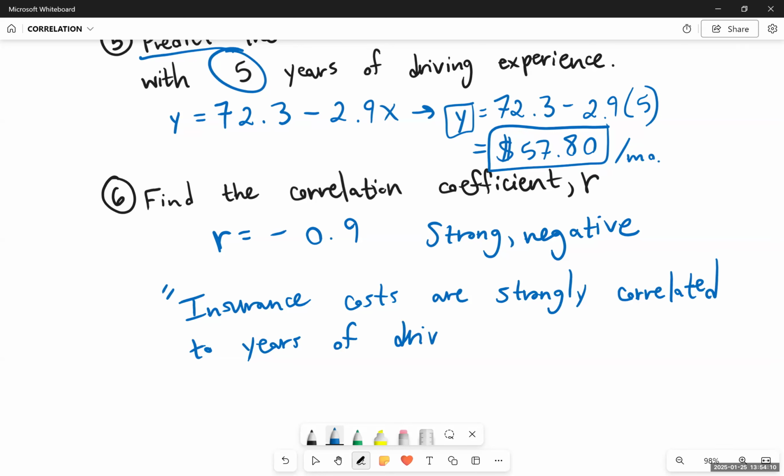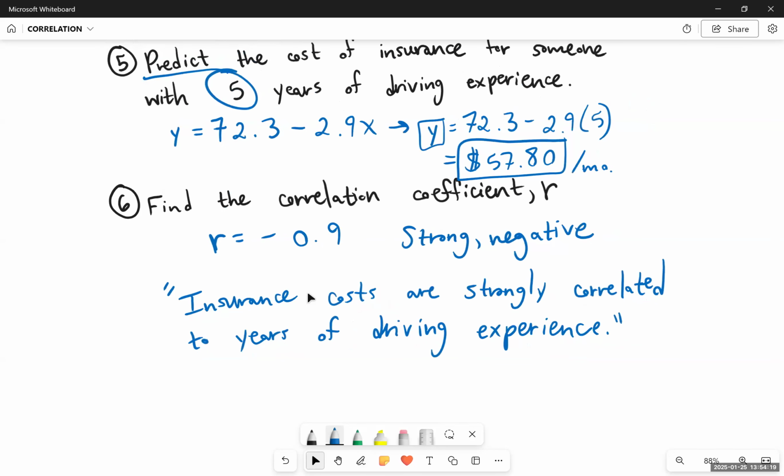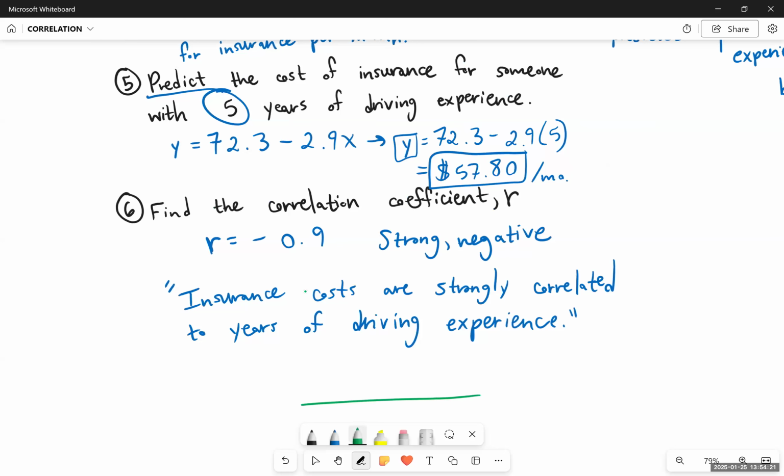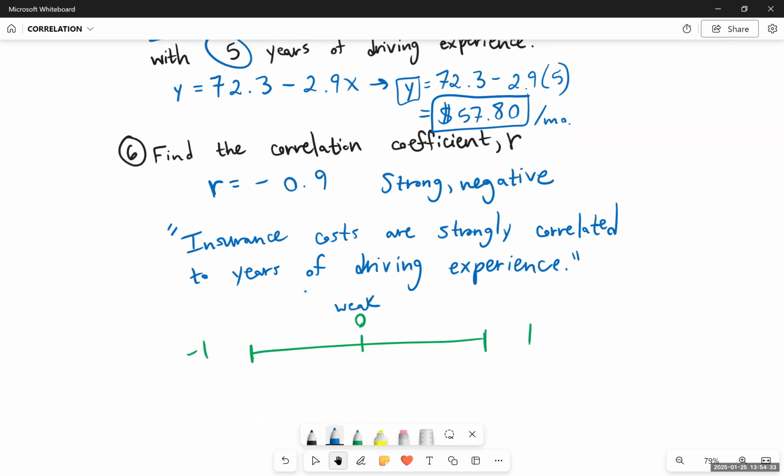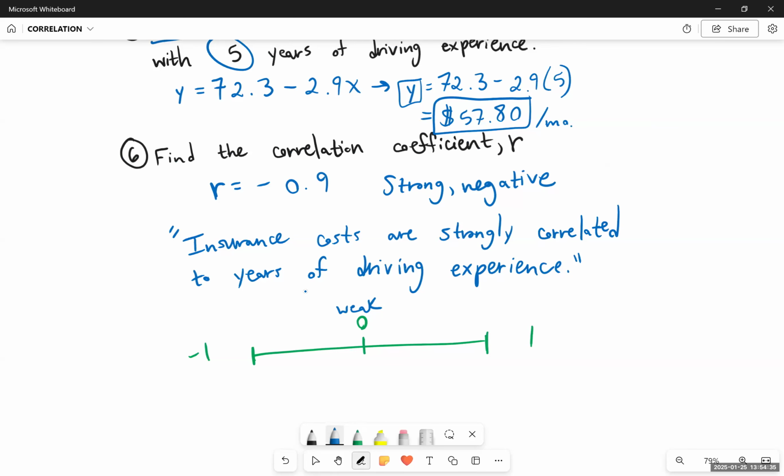Right? How did I know this was a strong correlation coefficient? R works on a scale where the least it could be is -1, the most it could be is +1. Anything close to 0 is considered weak correlation. And then the extreme ends are strong. So this is a strong negative.